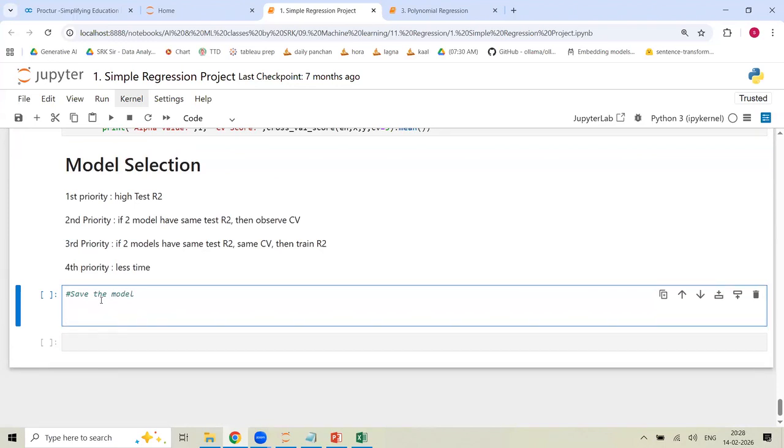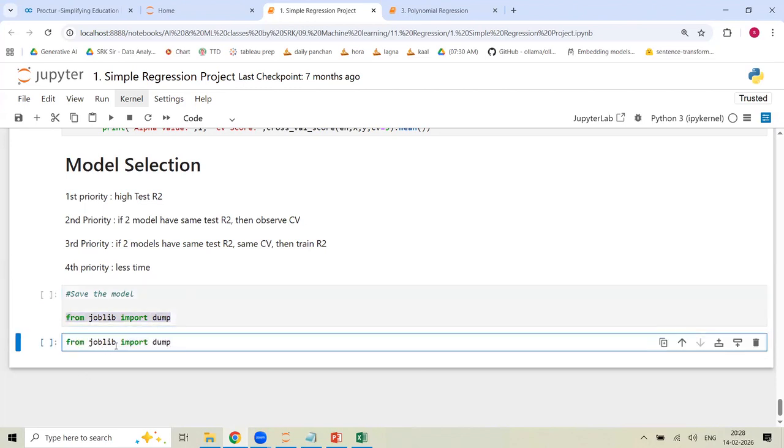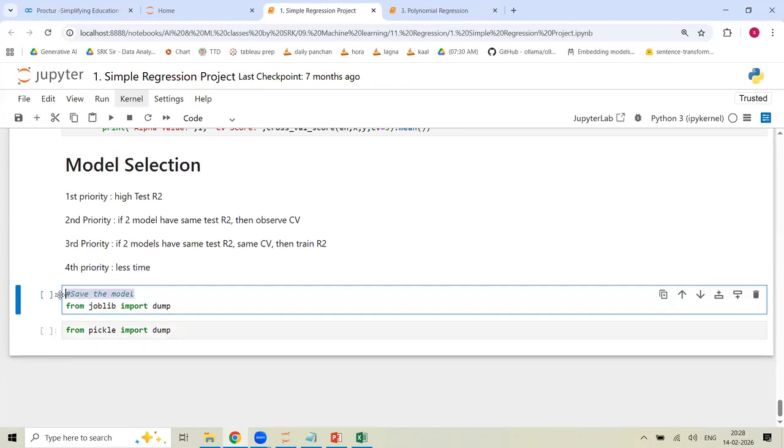So here, from joblib, we are going to import dump. Two options are there: one is joblib and the second one is pickle file. Either joblib file or pickle file.